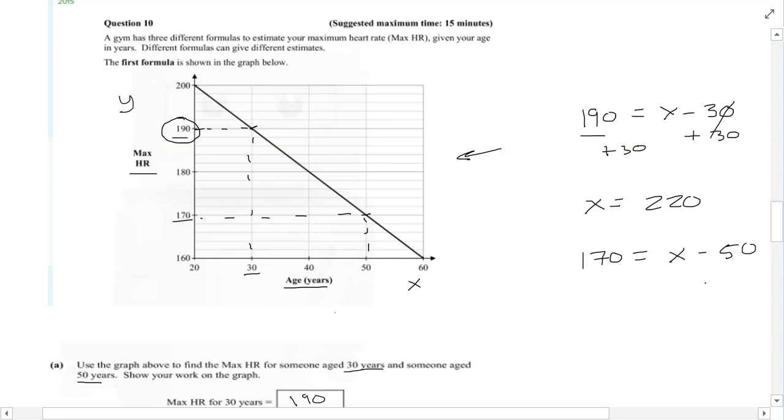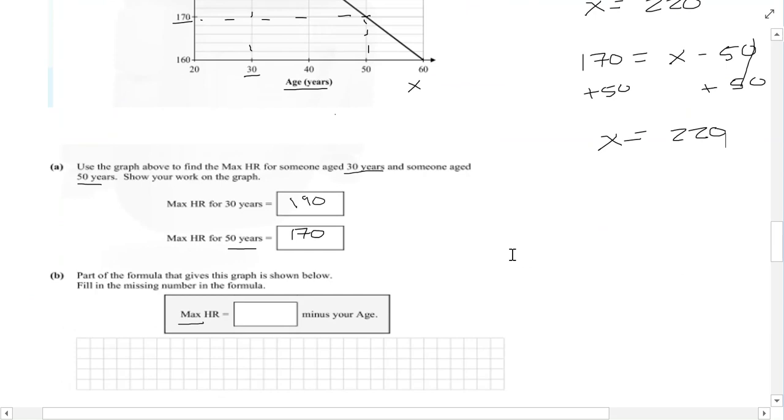We can add 50 here and add 50 here, and these will cancel out, and then x is equal to 170 plus 50, which again is equal to 220. So what we've done here is figure out what the formula is by using algebra. We're taking the two values that we've got here, and we've worked it out.